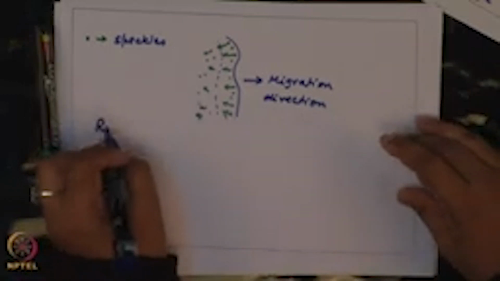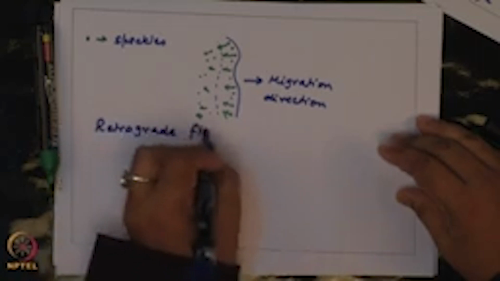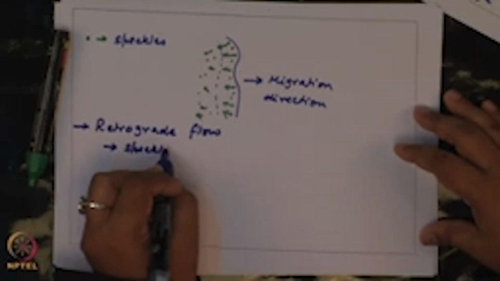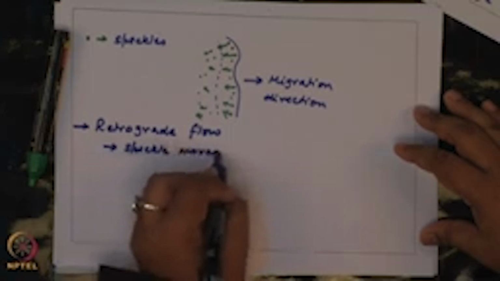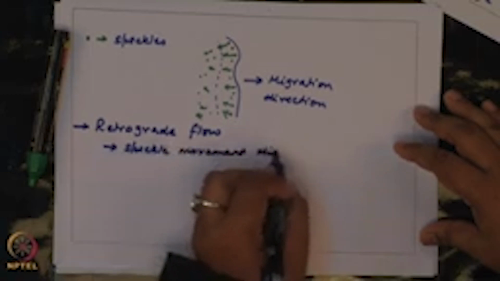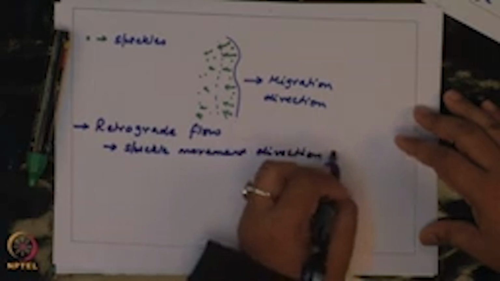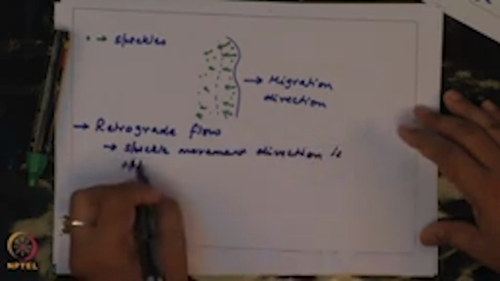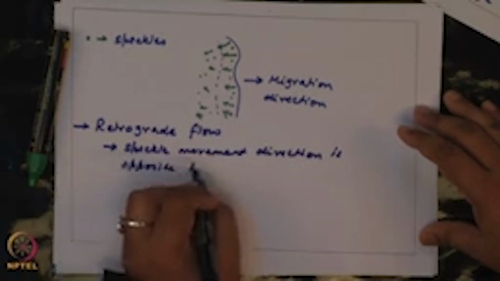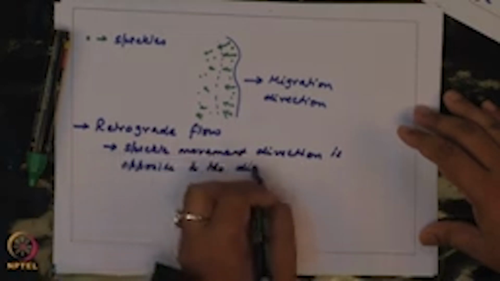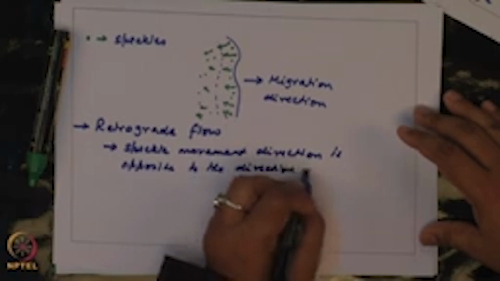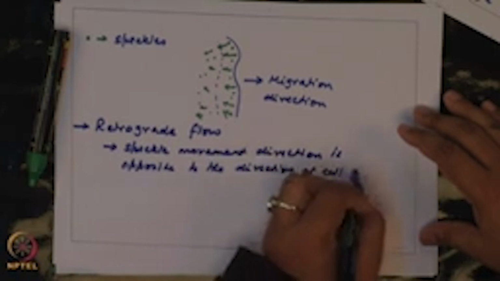All these speckles exhibit retrograde flow, because the speckle movement direction is opposite to the direction of motion or cell migration.